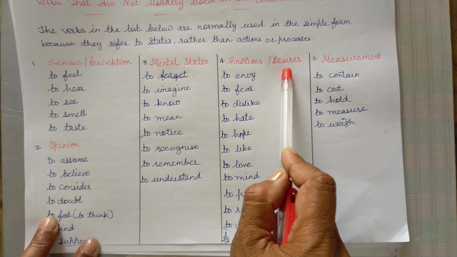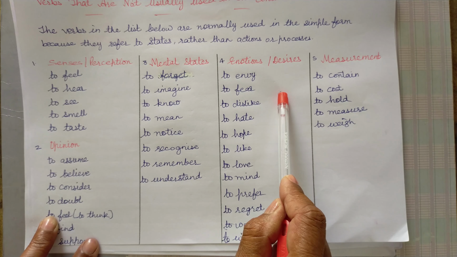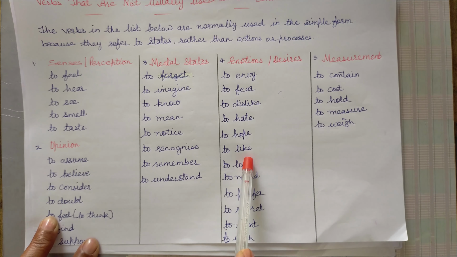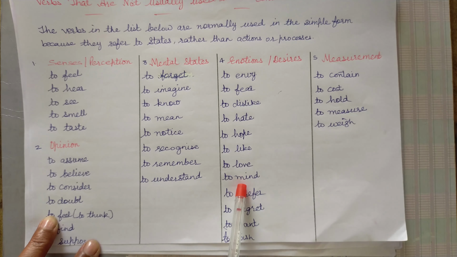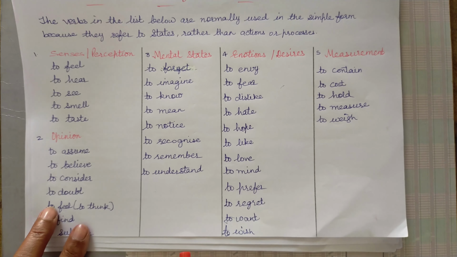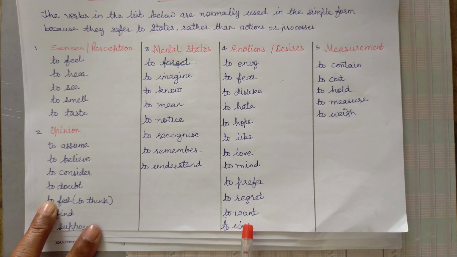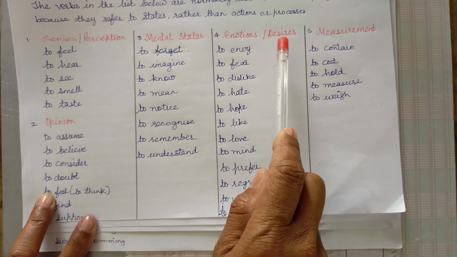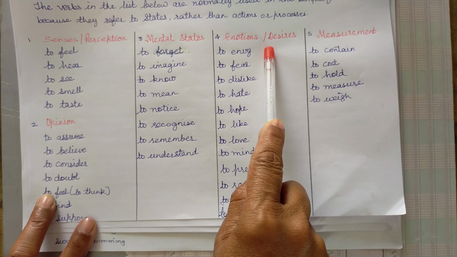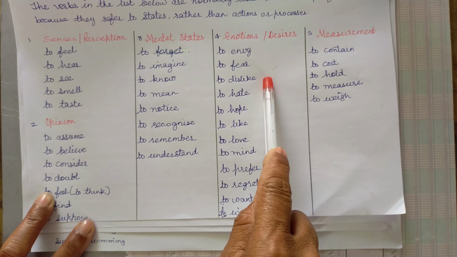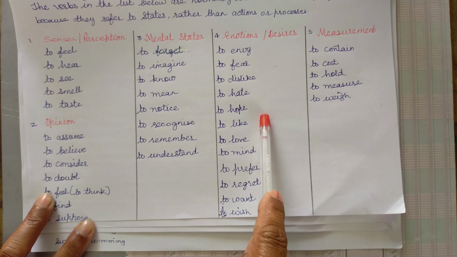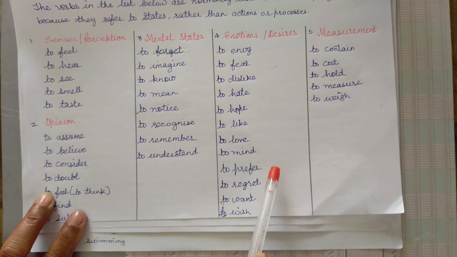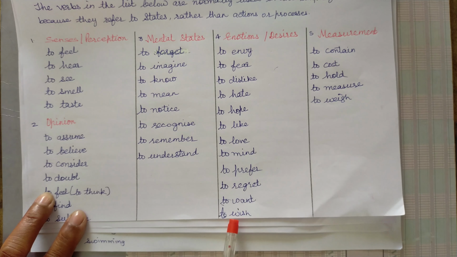Emotions and desires: to envy, to fear, to dislike, to hate, to hope, to like, to love, to mind, to prefer, to regret, to want, to wish.